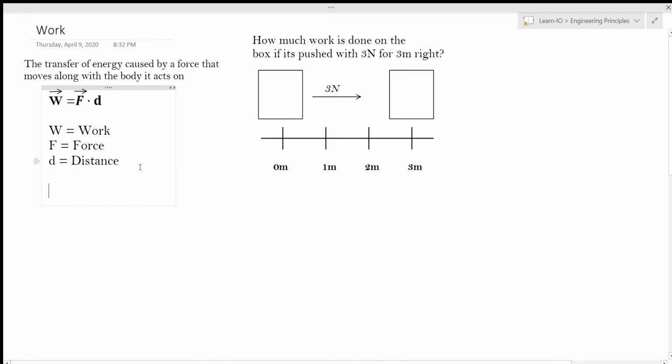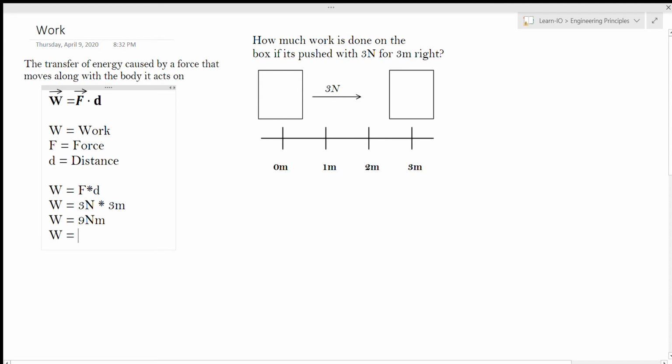W equals F, and since the dot is a little harder to type, I'll just use the asterisk to represent it: F dot D. In this equation, our force is 3 newtons, and the box starts off right here at 0 meters and ends up here at 3 meters. So it's traveled a distance of 3 meters.